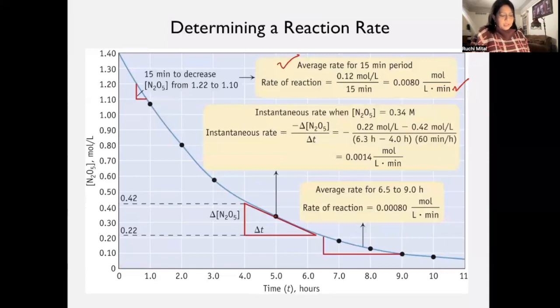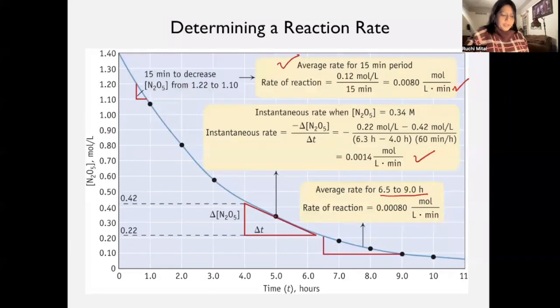You guys know from your math classes, rise over run, and you can calculate the instantaneous rate. Now, if they're asking you to calculate the rate over a certain time difference, you can calculate that average over the time difference as well, okay? So that is how you can calculate average and instantaneous rate of the reaction.